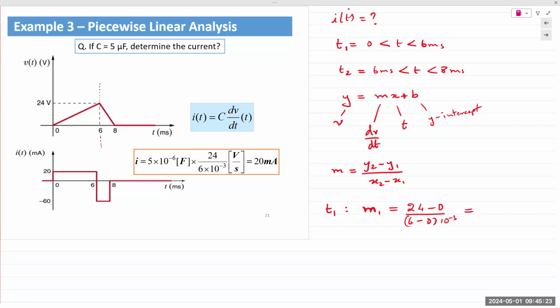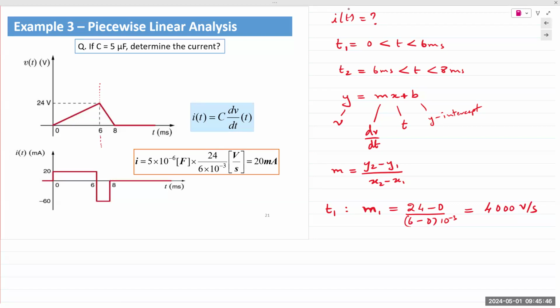That gives me 24 over 6, times 10 raised to minus 3, which is 4,000 volts per second.